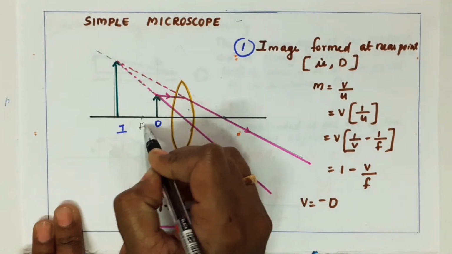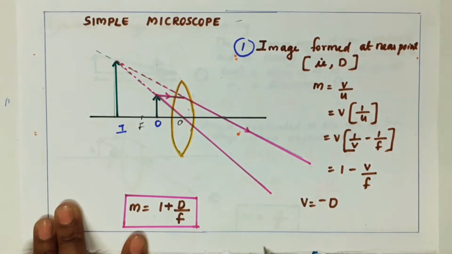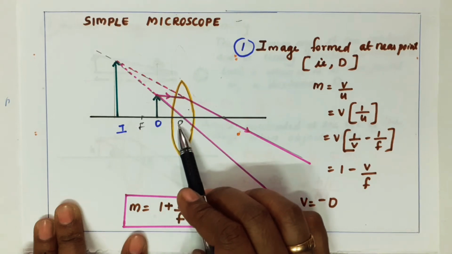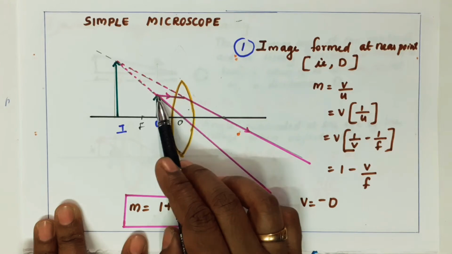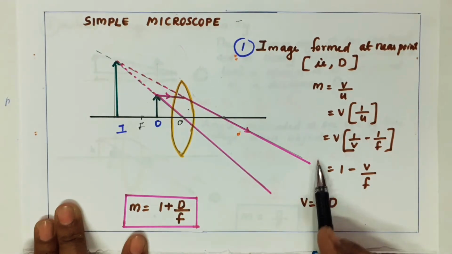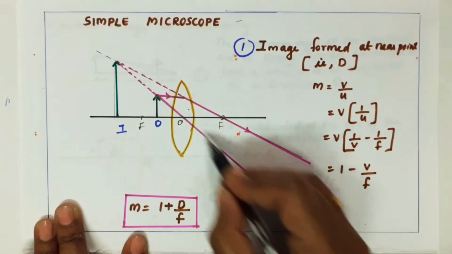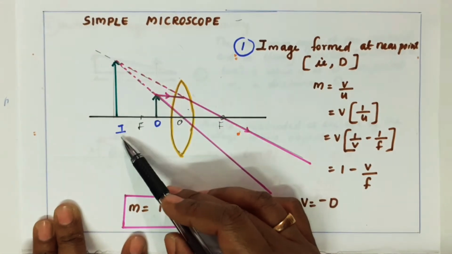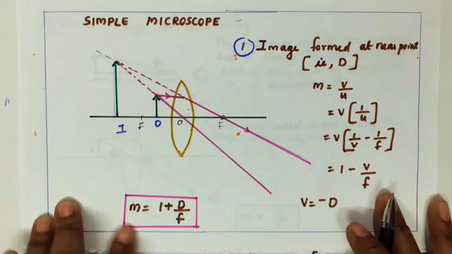This is F and this is O. We know that when an object is placed between focus and optic center, the light ray going parallel will go through the focus, and the light ray going through the optic center goes straight. If you extend them back, they intersect at a point, and there we get the image. This is the situation we know.